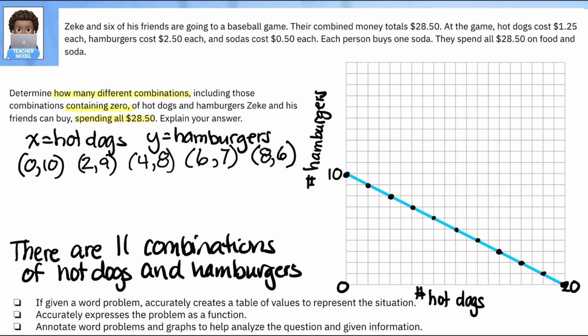And I now would just list all 11 of those combinations. And that's it. That's the only thing left to do in this problem.